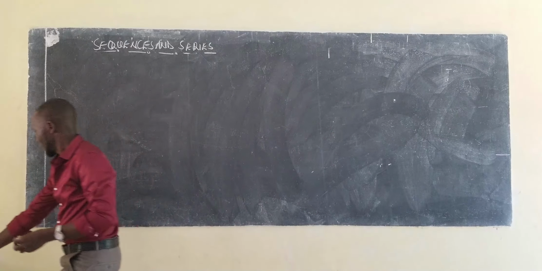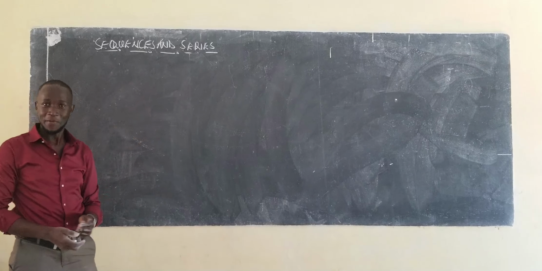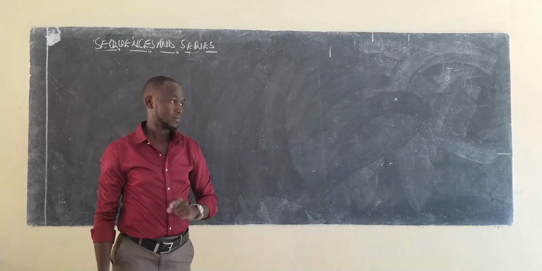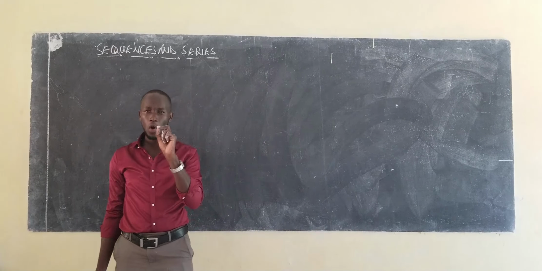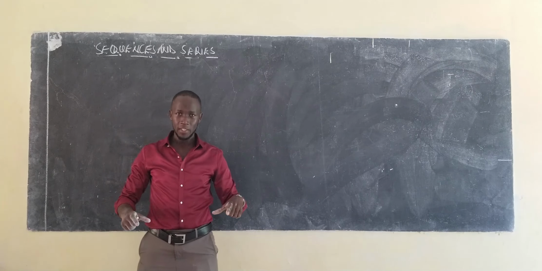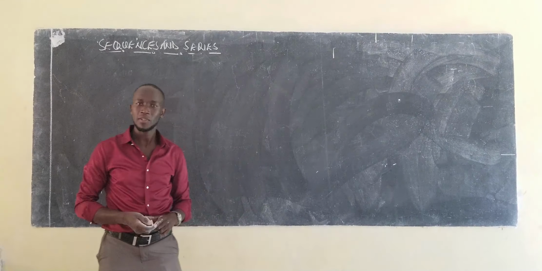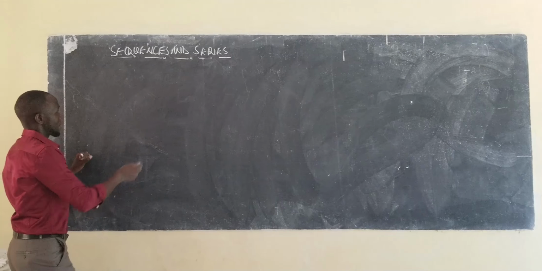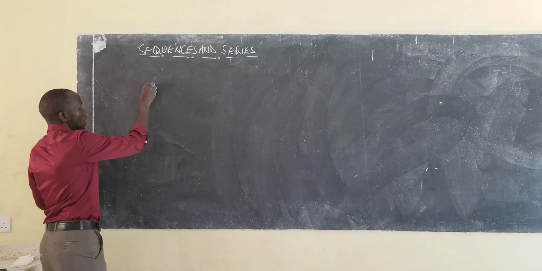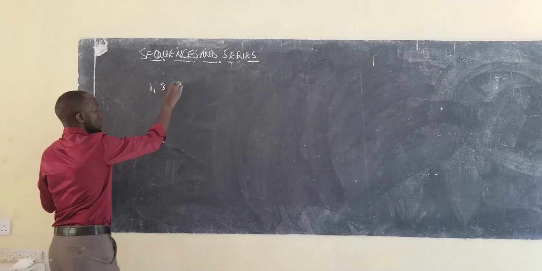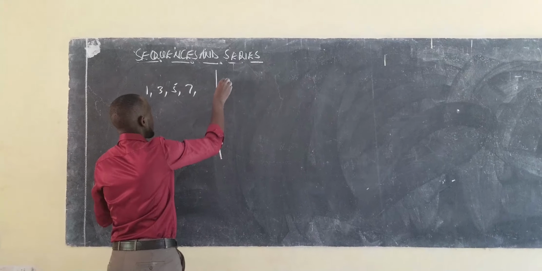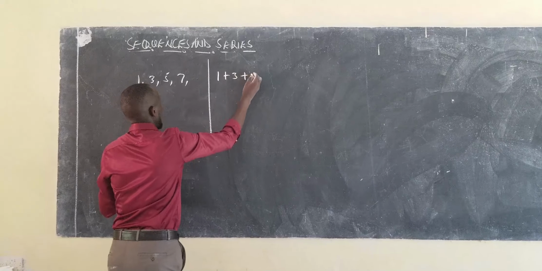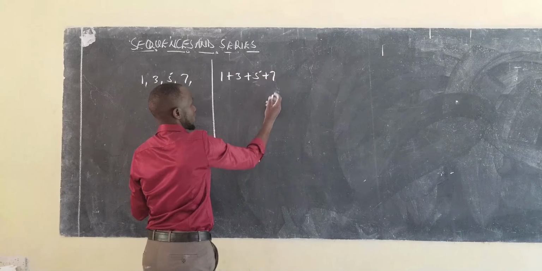Okay. Now, a series. A series is a sum of all the components of a sequence. That's what they call a series. Look at this. If we have 1, 3, 5, 7, and we have 1 plus 3 plus 5 plus 7.